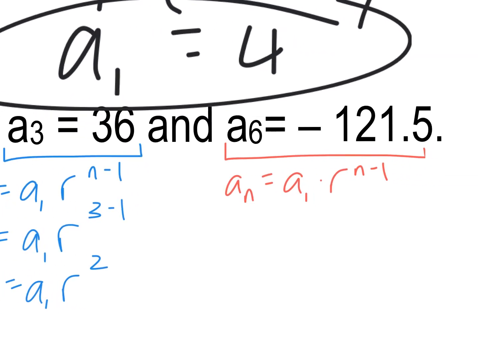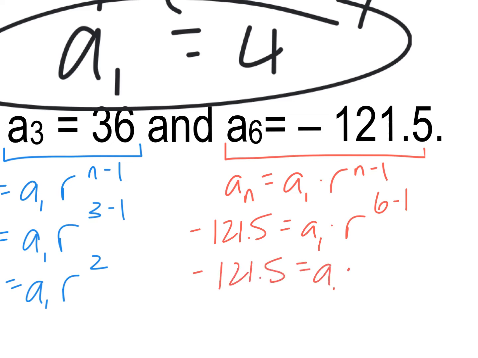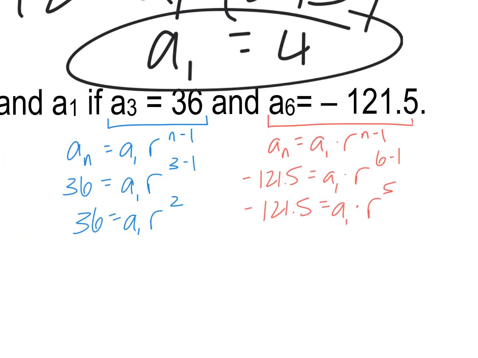I'm going to do a substitution or elimination thing when I have 2 variables. Let's work with this side also. Negative 121.5. I don't know what a1 is. I don't know what r is, but in this case the n is 6. So I get r to the 5th. Okay, so how do I do substitution or elimination if it's not addition and subtraction, if it's multiplication here? So these do look a little bit different.